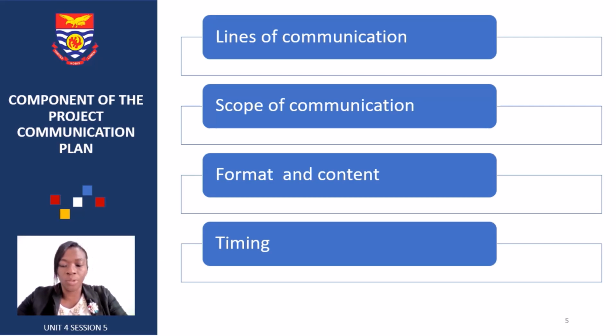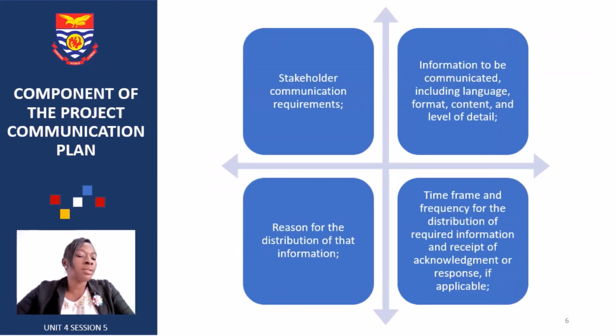We also have the stakeholder communication requirement, and the information to be communicated, which includes looking at the language, the format, the content, and the level of detail. Some messages are so sensitive, you can't just pass them through word of mouth. You need to do face to face, or it needs to be written.